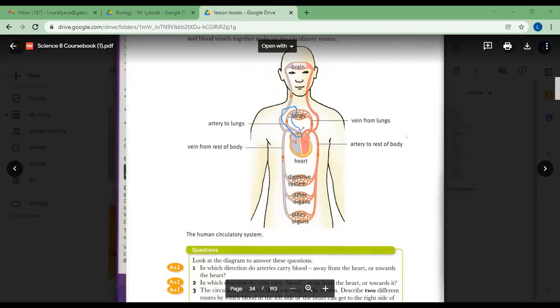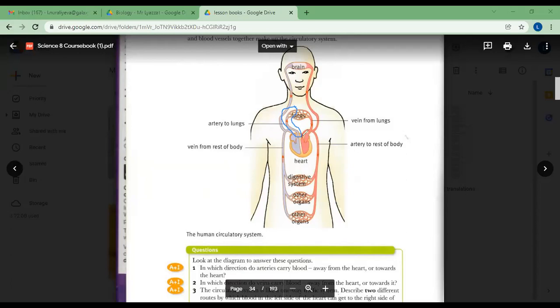But it doesn't contain oxygenated blood, it contains deoxygenated blood in order to get oxygenated. Like we must answer, all of them are carrying oxygenated blood, except the arteries of the lungs.